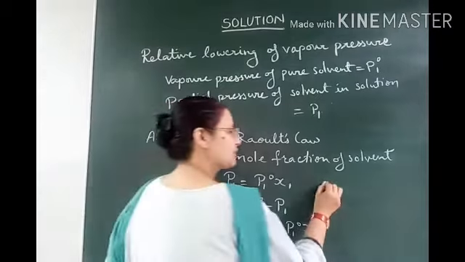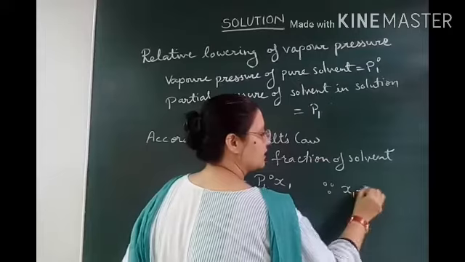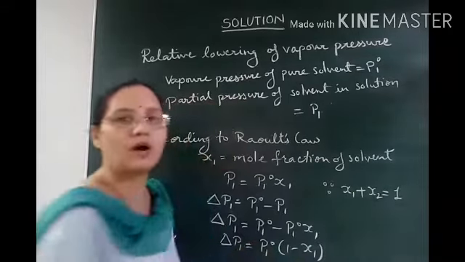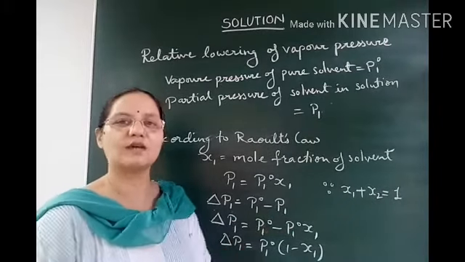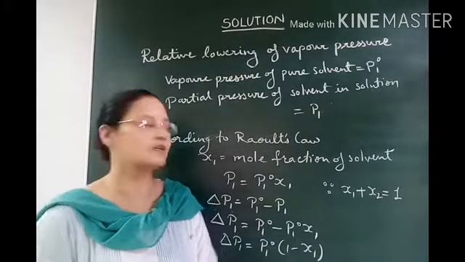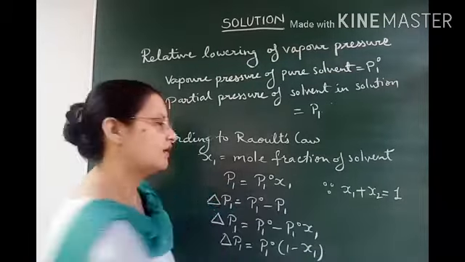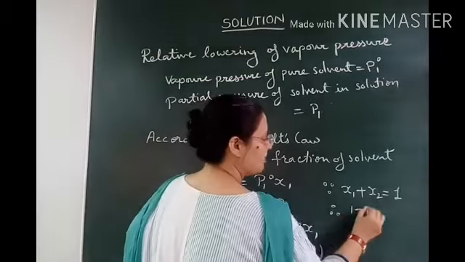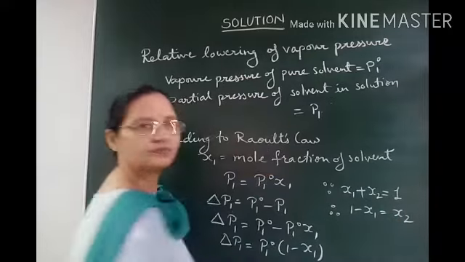As we know, for a binary solution, the sum of all the mole fractions is equal to 1, and as we have a binary solution here, one solute and one solvent, we can say X1 plus X2 is equal to 1, and 1 minus X1 is equal to X2.